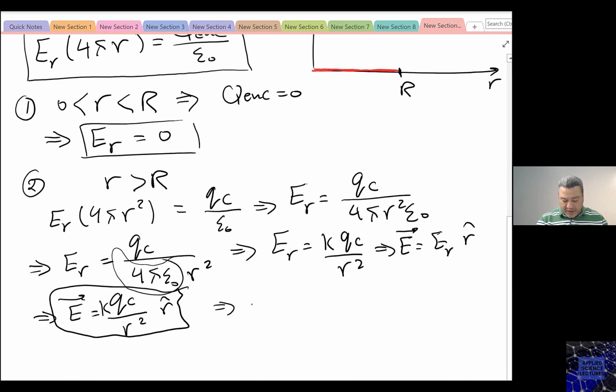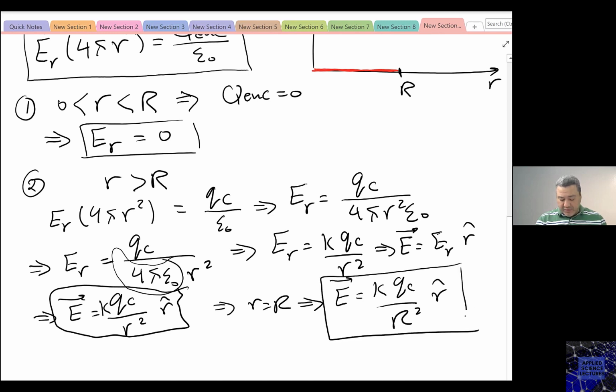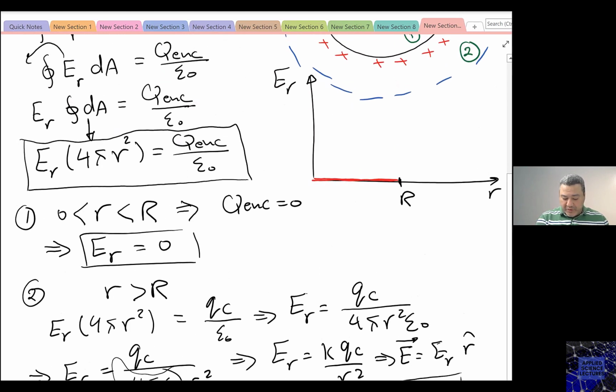At r equals capital R, the electric field is K Q_C over capital R squared r hat. This is the maximum value, right at the location where I enclosed the charges.